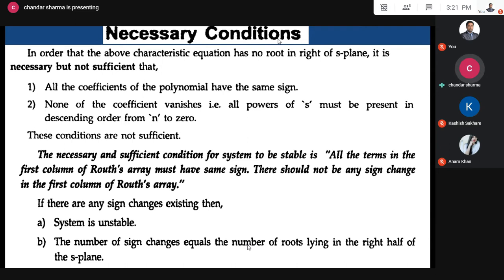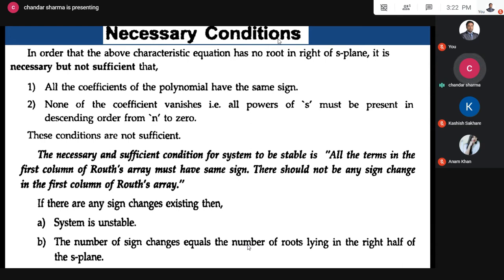The number of sign changes in the first column of Routh's array equals the number of roots of the characteristic equation, or closed loop poles, in the right-hand side of the S-plane.